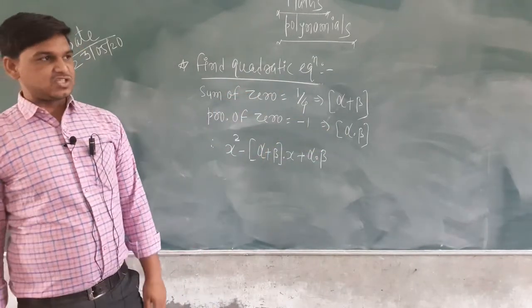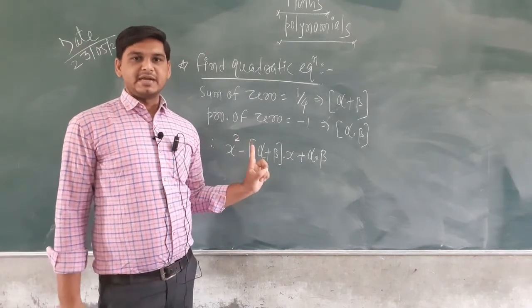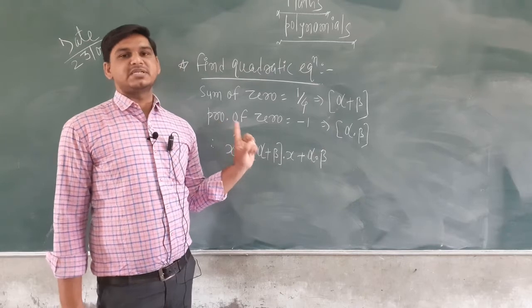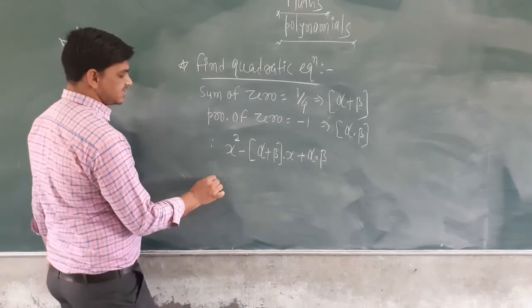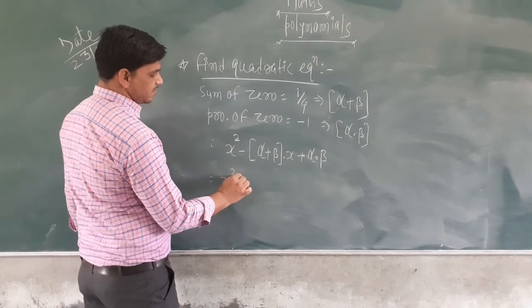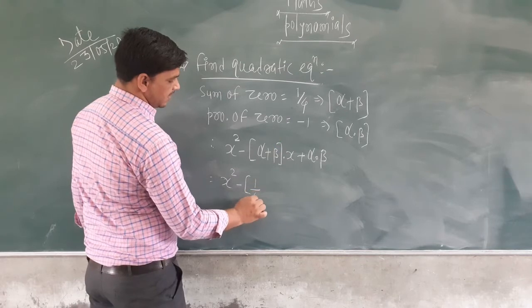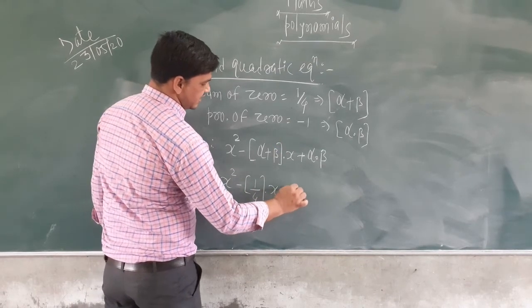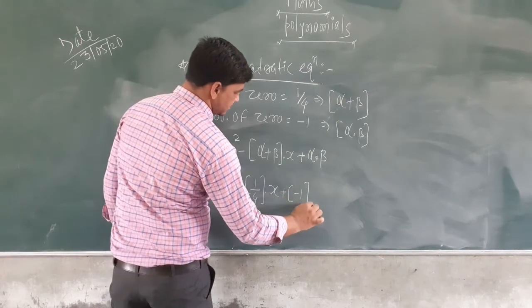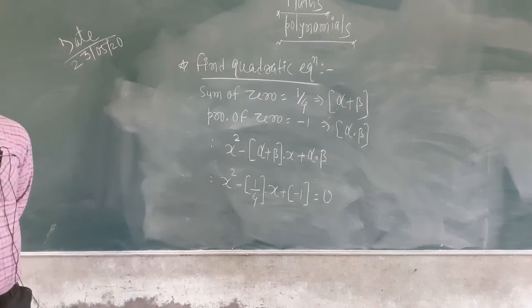To find the quadratic equation, we apply the formula x square minus (alpha plus beta) into x plus alpha into beta. So x square minus 1 by 4 into x plus minus 1 is equal to 0.